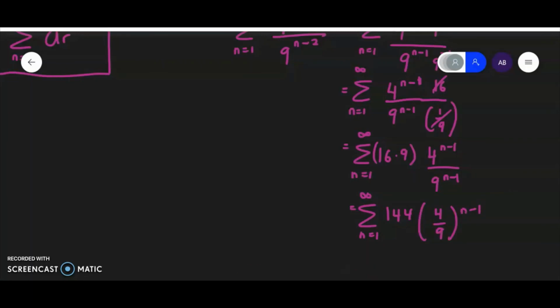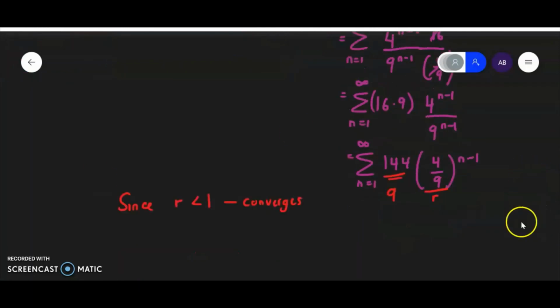So I can say that this is my a here and this is my r. Since r is less than 1, the series converges. Okay, and the sum value, you just have to take the sum formula, which is a over 1 minus r.